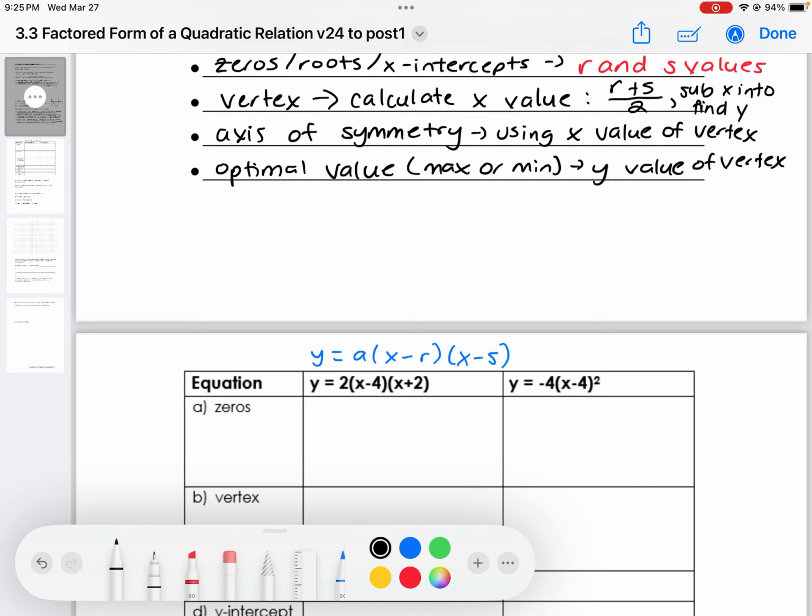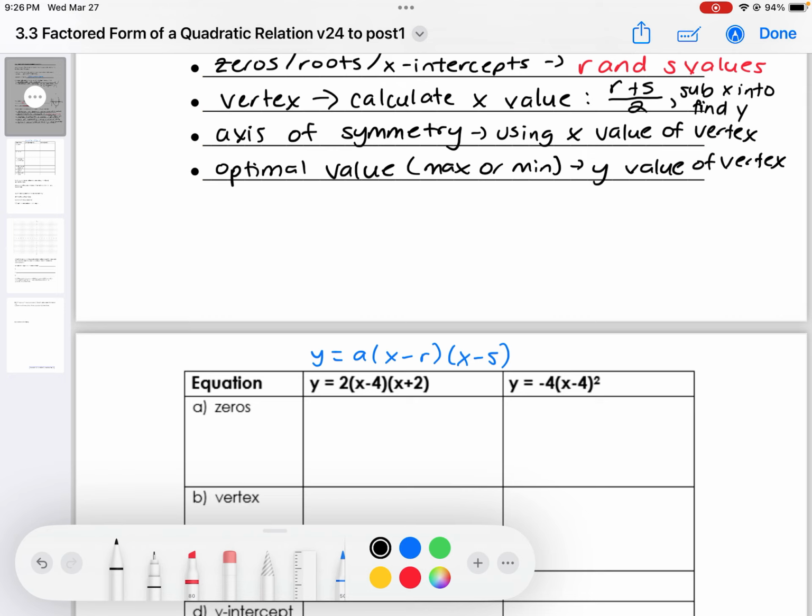Okay, so the first equation looks like this form. The second equation is a little bit sneaky, but this is a special class of quadratic relations, and you know what? It's okay. We can handle it.